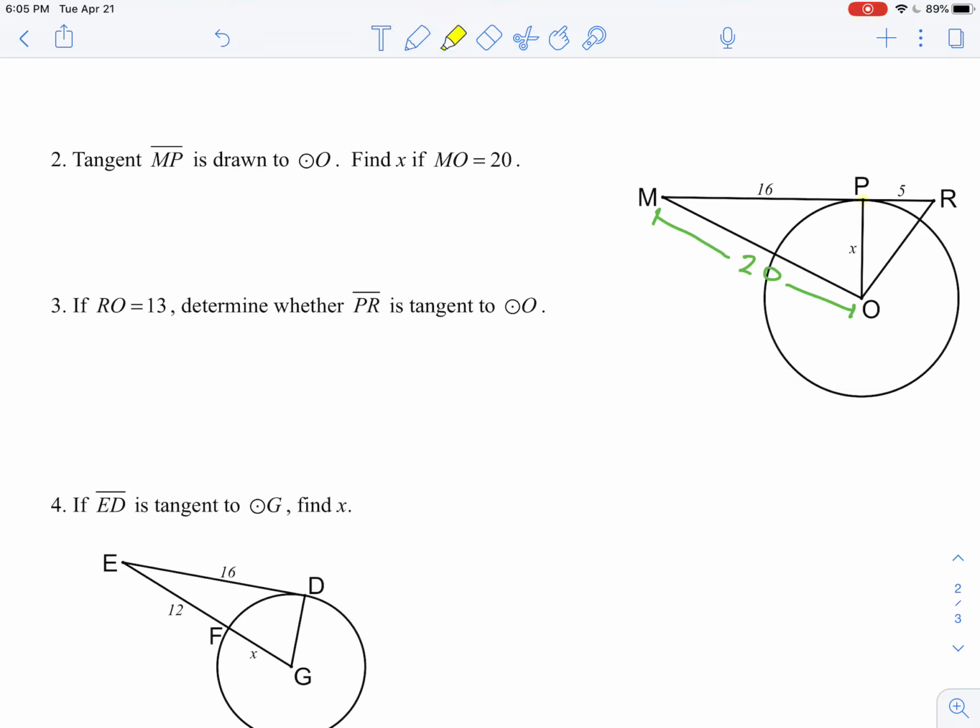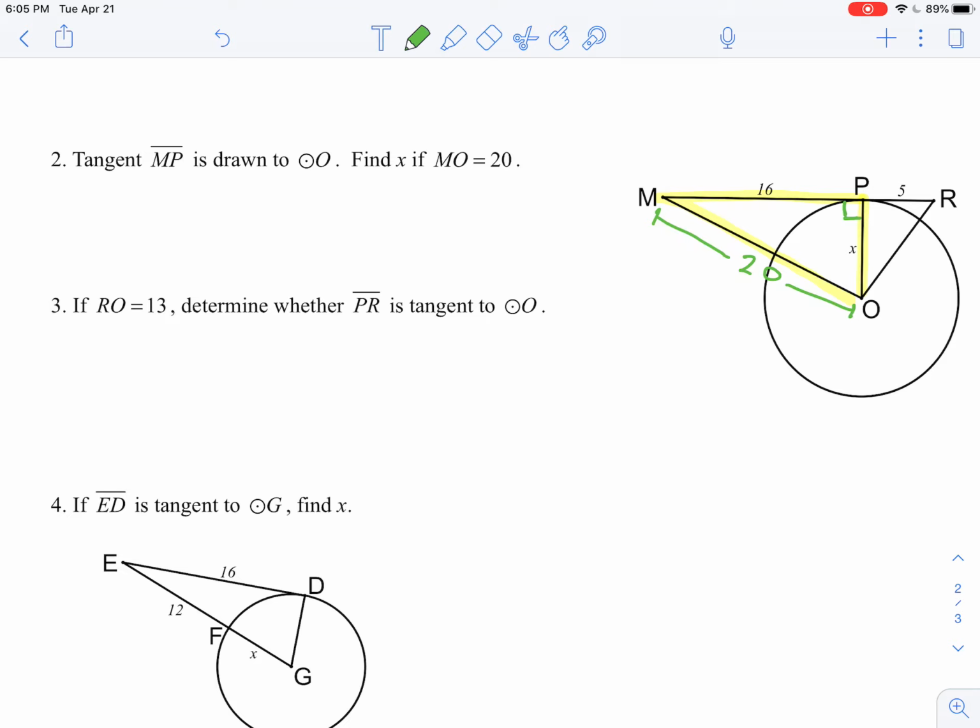So here we want to focus in on triangle MPO. Triangle MPO must have a right angle where the tangent and the radius intersect. So we can use Pythagorean theorem to solve for the missing side.